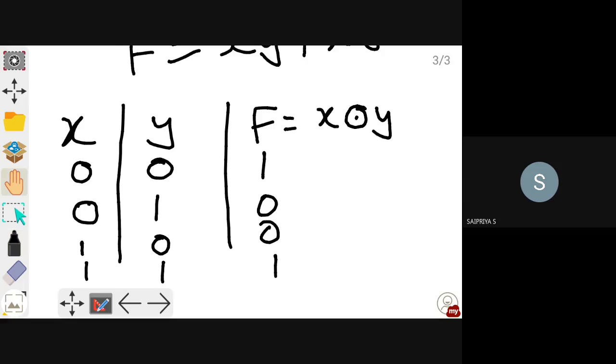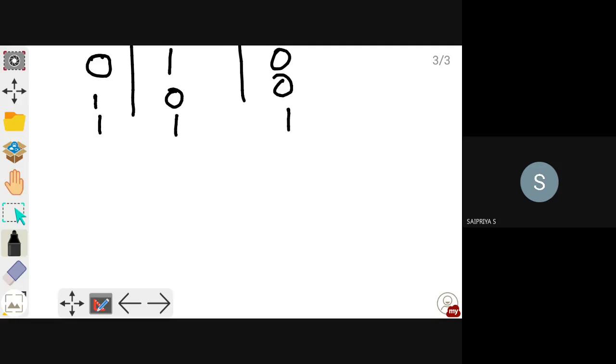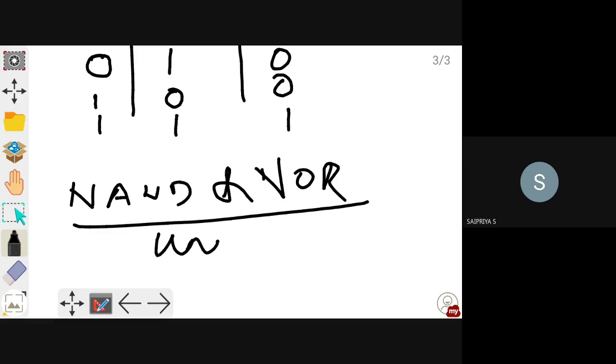So here both the NAND gate and NOR gate are known as the universal gates. NAND gate and NOR gate are known as universal gates because any function, any logic gate can be implemented using NAND and NOR. That is AND, OR, NOT, XOR, XNOR, anything can be represented.